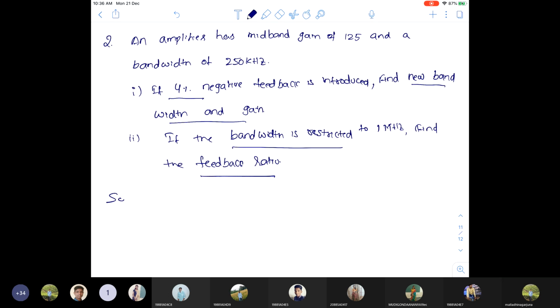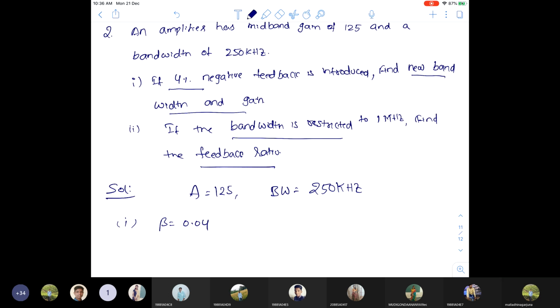So solution, what is the given data? Midband gain, so A is equal to 125, the open loop gain. Bandwidth without feedback is 250 kilohertz. In the first bit, 4% negative feedback is applied, so beta is equal to 0.04.